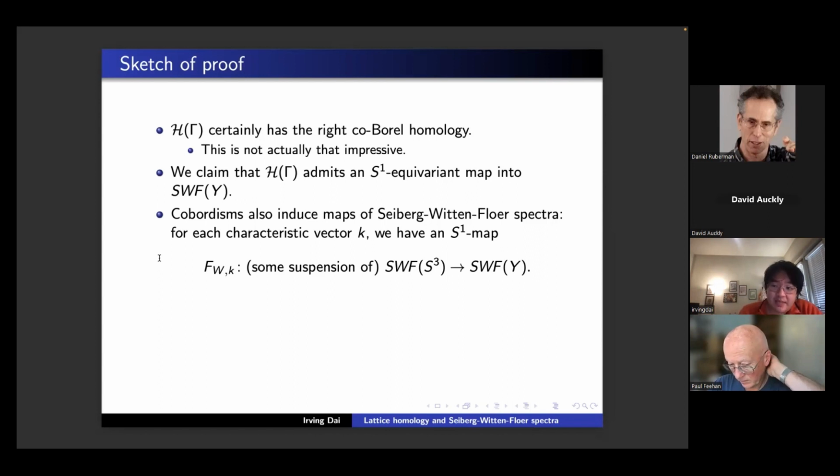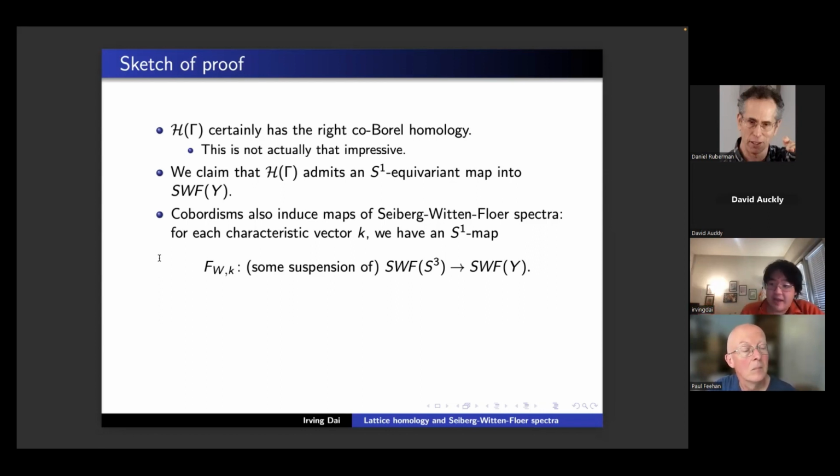So what that means is that in this context, for each characteristic vector of my cobordism, I get an S1 equivariant map of a sphere of some dimension into SWF of Y. Just like in the case of Floer homology, for each characteristic vector, I got a map from some shifted F[U] tower into the Heegaard-Floer homology or monopole Floer homology of the target.